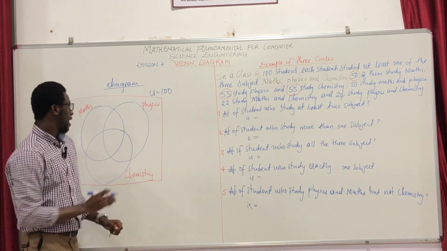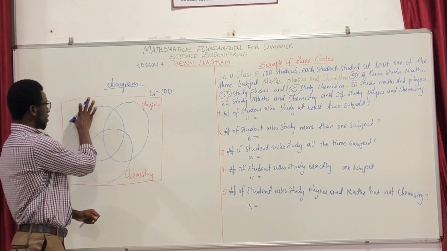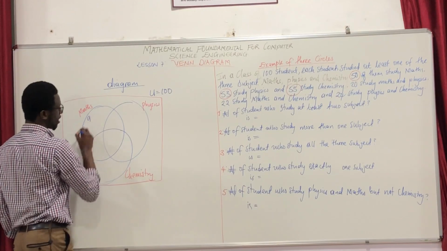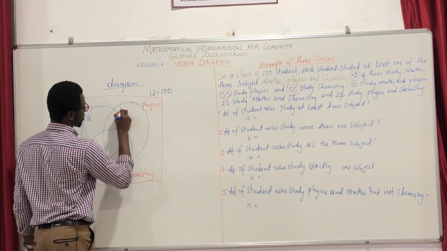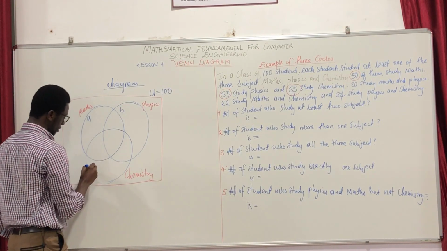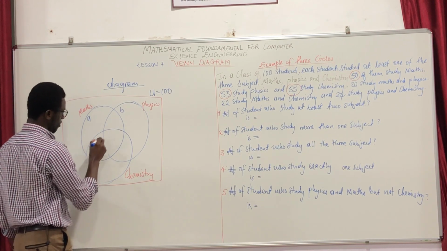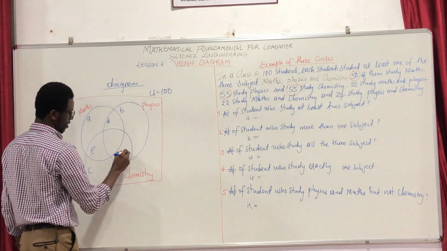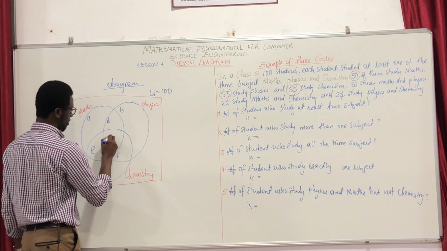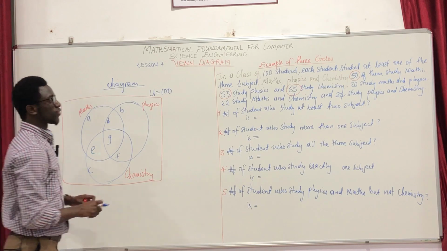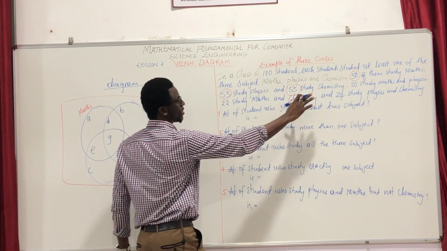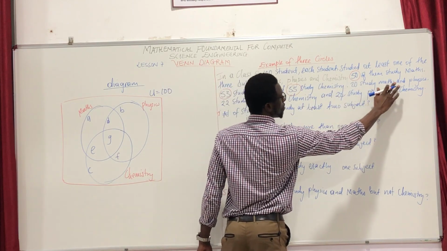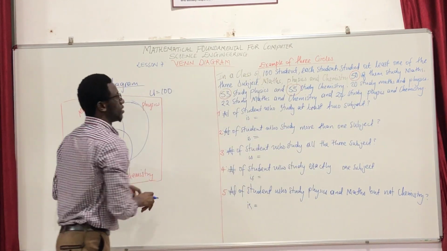So now we'll start by labeling these diagrams according to the sets here. So we'll start with this. Say this is A, our A region. This is B. This is our C region. This is D, E, and F. Then this is G. But from the problem here, you can see here we have 20 students study maths and physics.